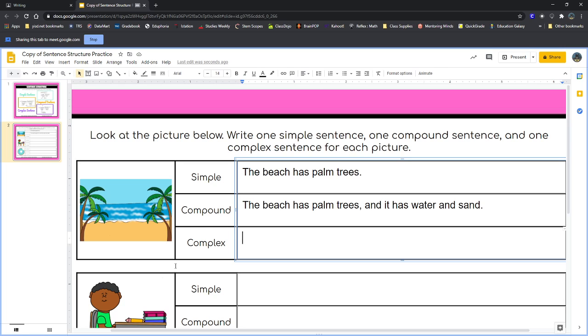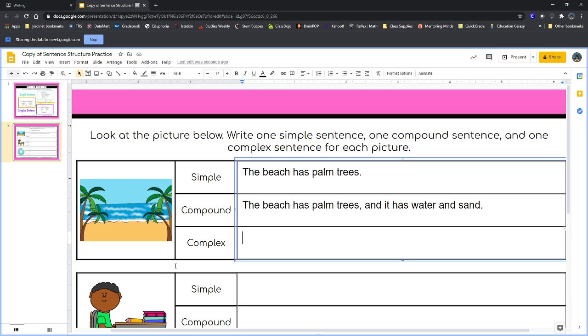Okay, so tell me. Okay. I like that sentence. Even though we added some more adjectives to it, the beach has a beautiful blue sky. That's still a simple sentence.